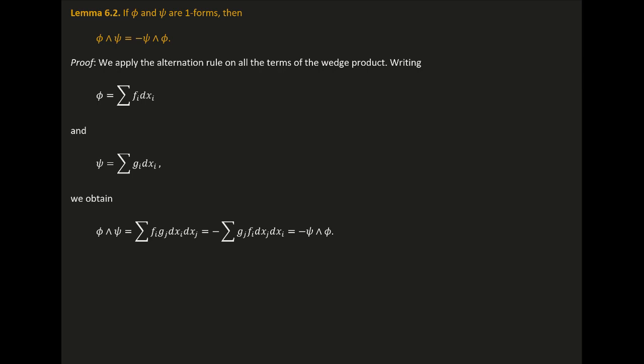This gives us a sum over two indices, say. Then we can simply use the alternation rule on each term to obtain the second equality. And the third equality is from the definition, the same way we got the first. So that proof is quite straightforward.